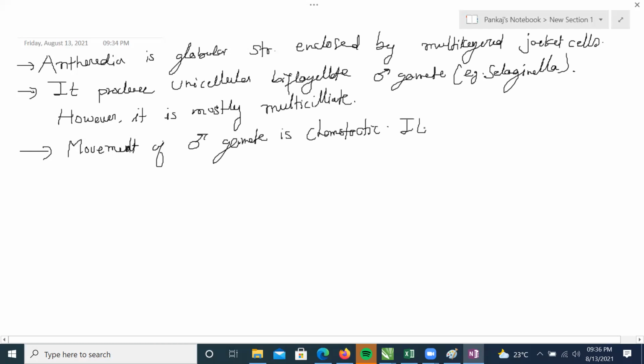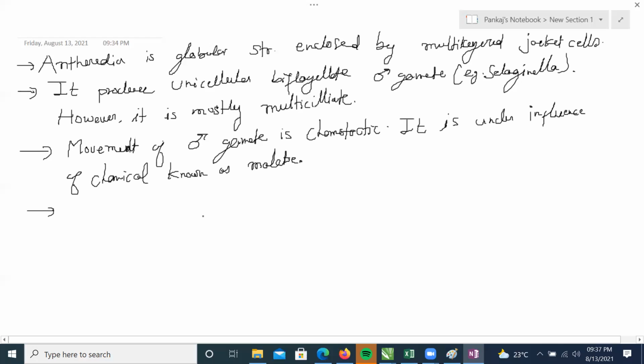So what is the name of the chemical? That is malic acid. So it is under the influence of a chemical known as malate. Okay.